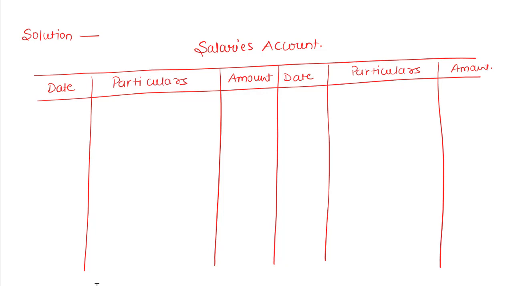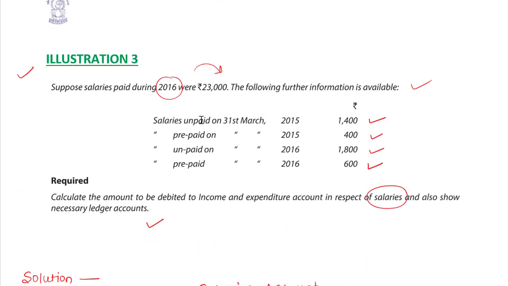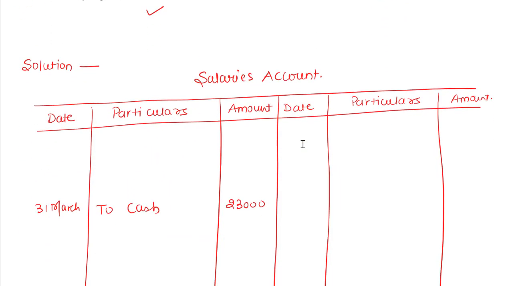Salaries paid is 23,000, to cash 23,000. Salaries unpaid on 31st March 2015, 1400, and prepaid on 31st March 2015, 400. By salaries outstanding, 1400.